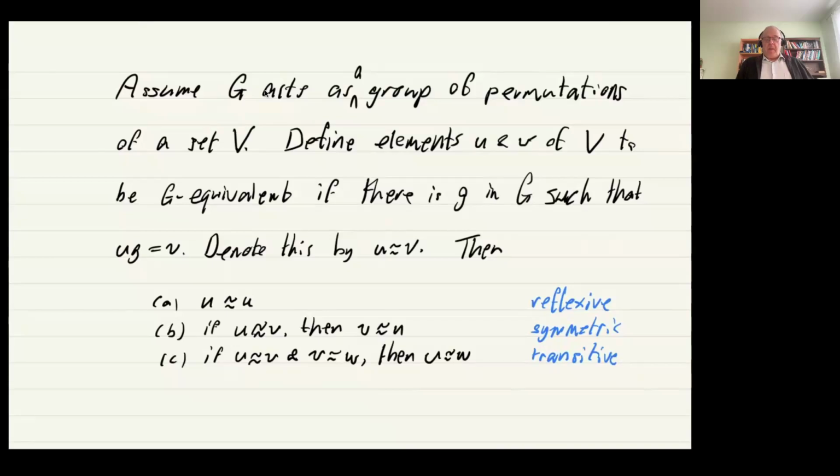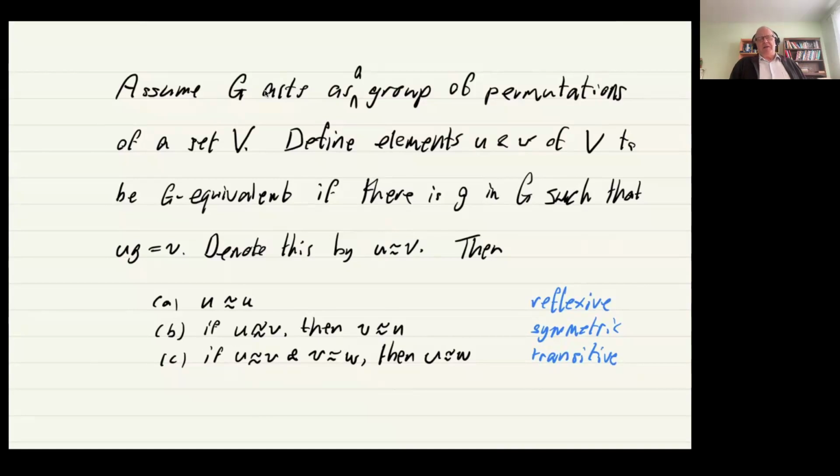Now, the term permutation group, strictly speaking, just means a subgroup of the symmetric group on some set, in this case V. But you'll also see talk about actions and representations. If somebody says there's an action, what they're saying is there's a homomorphism from your group to something else. And so an action of a group on a set is a homomorphism from the group into the symmetric group on that set.